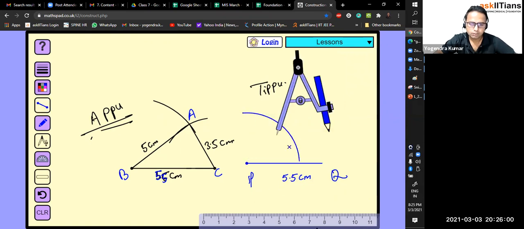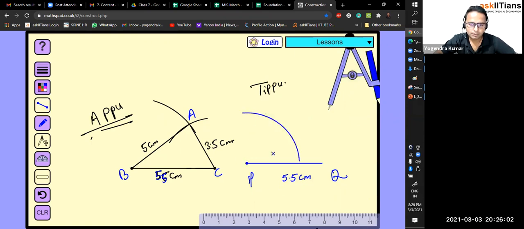As I said, I need to make one of the sides 3.5, so this is 3.5. I have all these at 3.5. Now I can join the third side. I can join here, I can join here, I can join here, I can join here. So you can see again, so many triangles are possible.